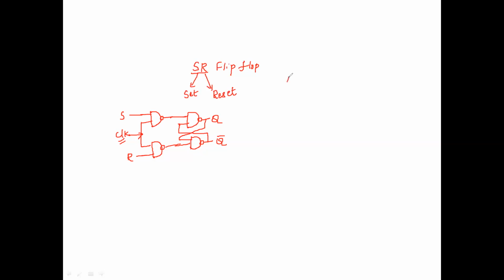Let me take the inputs of the NAND gate as A and B: 0 0, 0 1, 1 0, 1 1. I have two inputs, so I will have four combinations of input. NAND is nothing but the negation of AND. The output of AND is high only when both inputs are high.